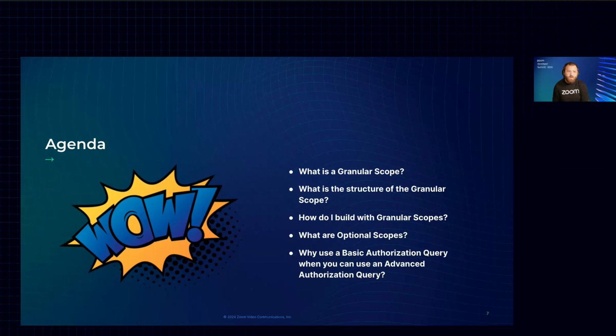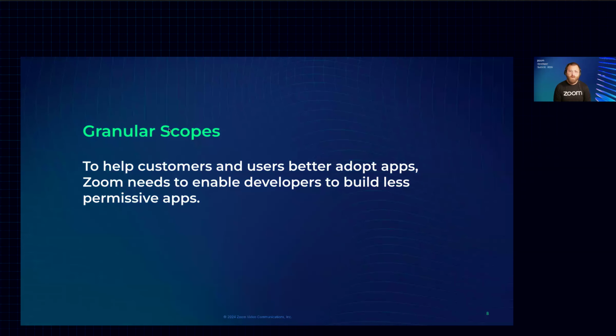And finally, we're going to learn why use a basic authorization query when we can use an advanced authorization query. And we'll cover optional scopes and using them. And we'll learn how to provide delightful experiences with those optional scopes. So just a great time here. Thanks for joining us. Let's jump right into it.